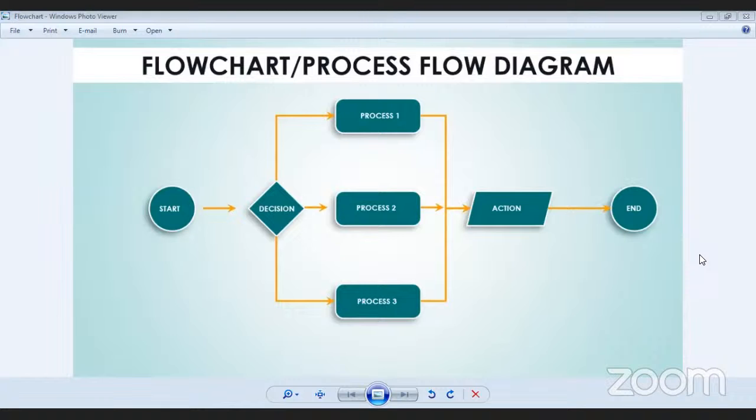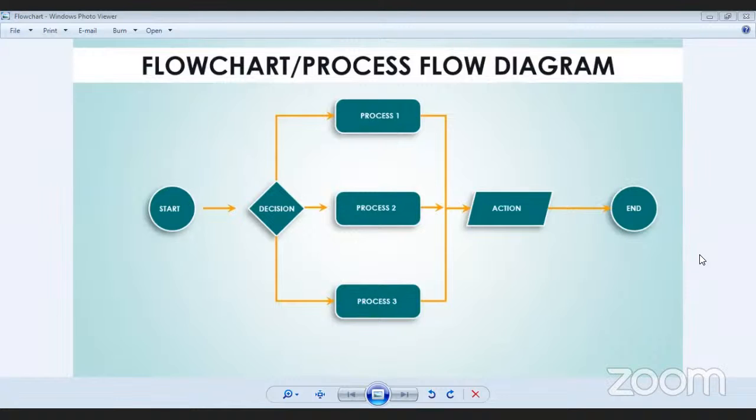So that flowchart is a graphical representation, so it is better to understand, easy to understand, and most of the time it provides error-free and ambiguity-free information to the clients, to the customers, or to the stakeholders.